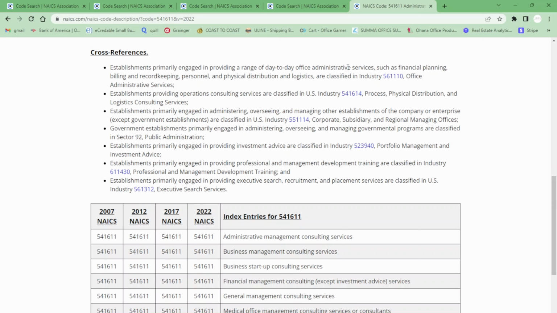I'm going to provide administrative services. I provide financial planning. Billing, I bill. Every industry has something to do with financial planning, billing, and record keeping. You have to do that anyway. Like personnel, you're going to have to deal with people, physical distribution and logistics. You're going to have to do that.